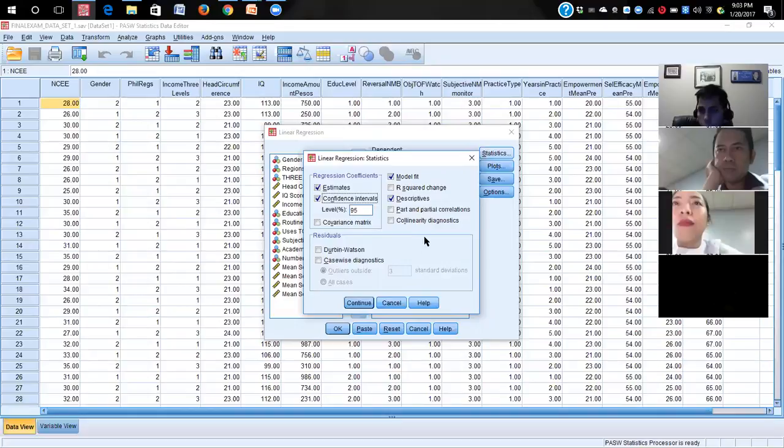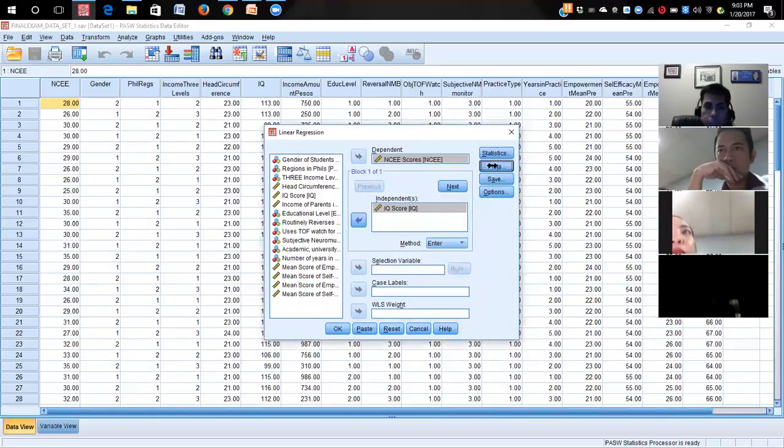We don't need collinearity, we don't need part and partial correlations or R-squared changes, because we're not doing multivariate analysis yet. We're not doing multiple regression. This is simple regression. And we press continue.